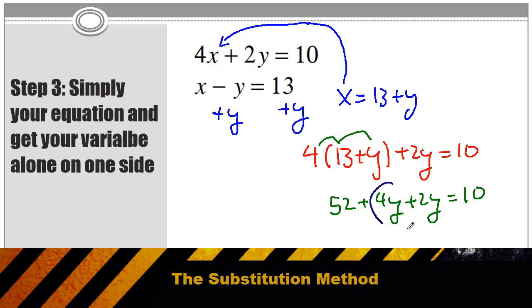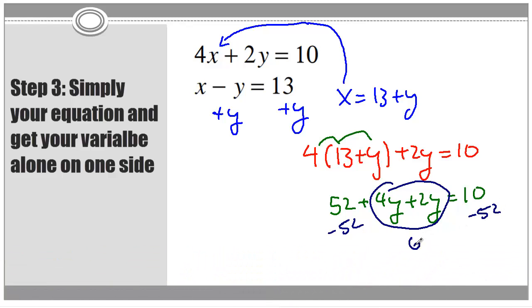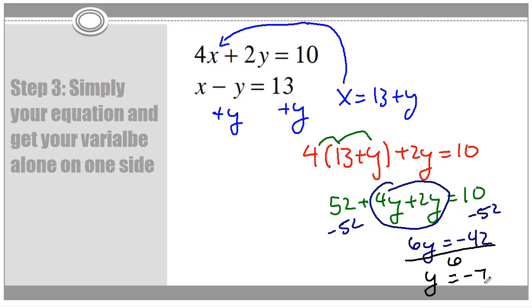I can combine my 4y and my 2y and then subtract 52 from both sides, and I get the equation that 6y is equal to -42. Divide everything by 6 and I get y is equal to -7.